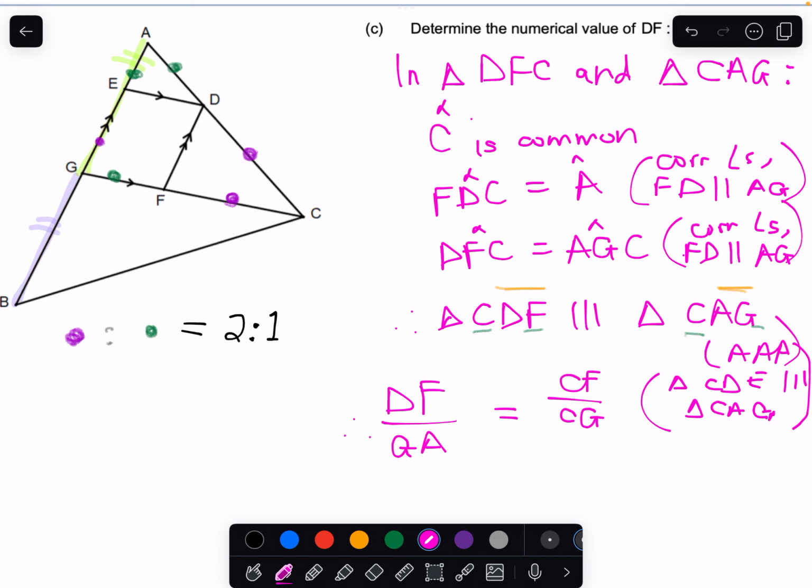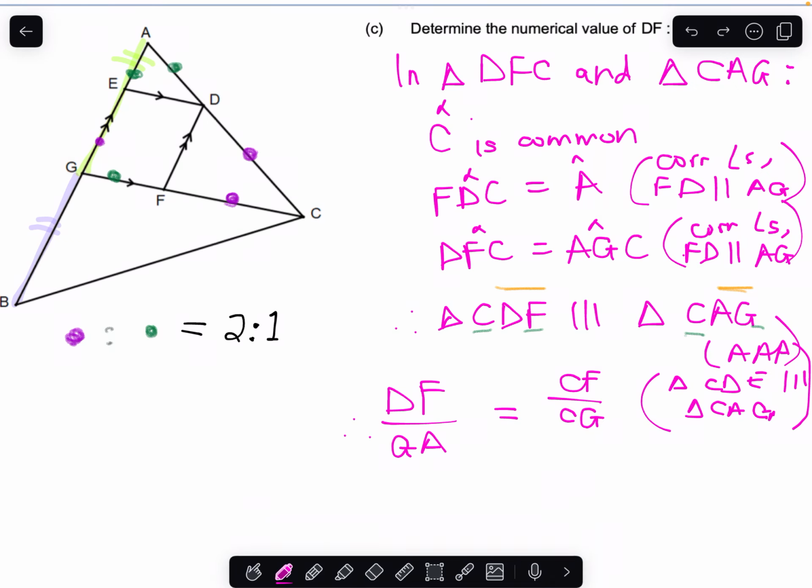We know that the ratio of CF to CG is 2 to 3, the same as GE to GA. So CF to CG will be 2 over 3, and that will be the ratio of DF to GA.